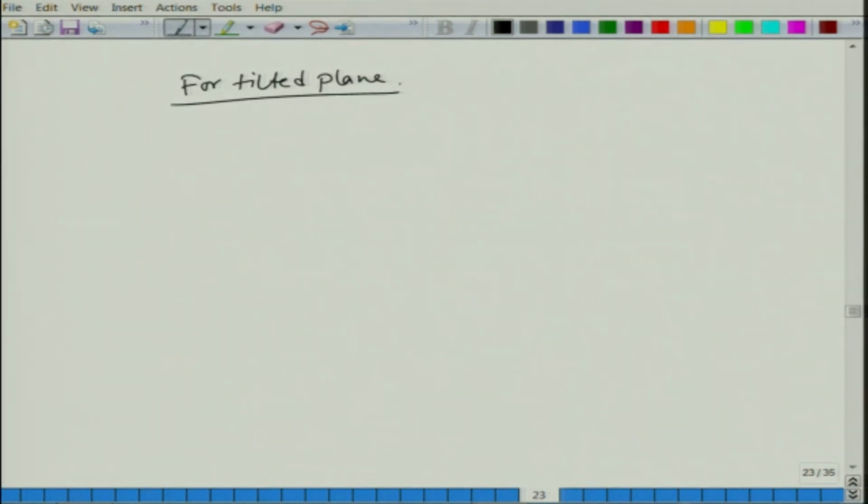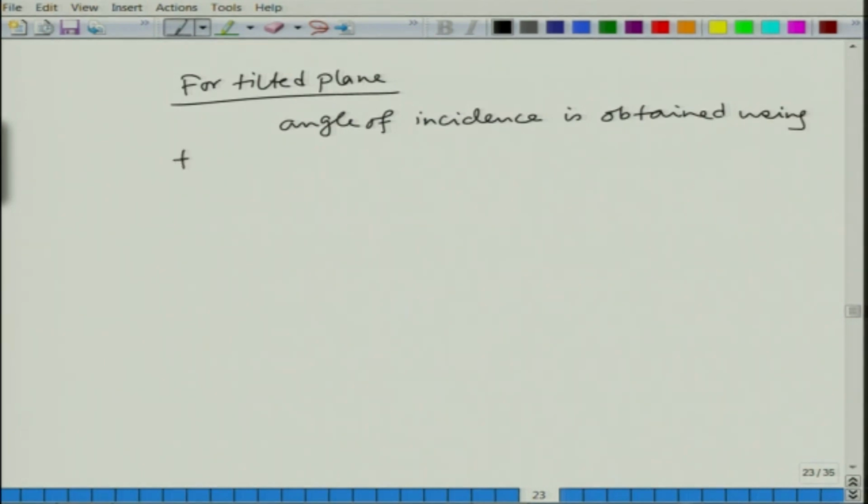that the angle of incidence is obtained using the same formula as used for a horizontal plane.